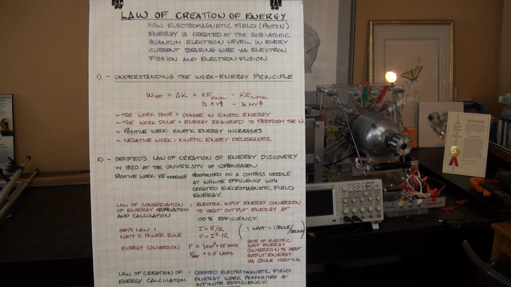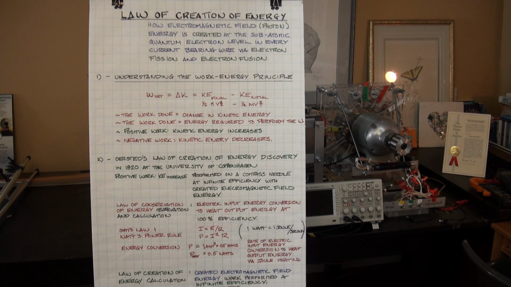If they would have asked him that, he would have either said it's the energy conversion of electric input energy to heat, which may be moving the compass needle, although it wasn't. What it was, was created electromagnetic field energy that was being created at the subatomic quantum electron level via electron fission and electron fusion.